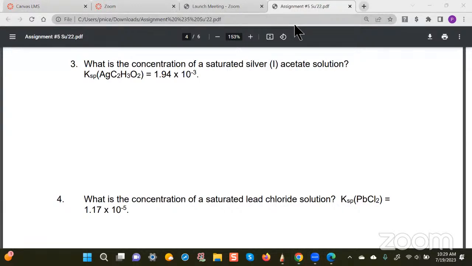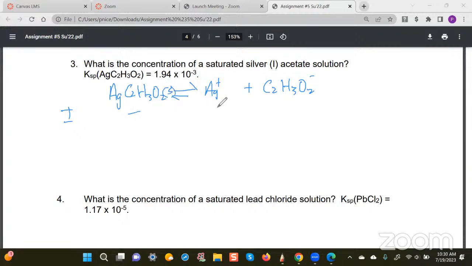All right, so let me start off by writing down the equation for the dissociation. That would be AgC2H3O2 dissociating to form Ag plus and C2H3O2 minus. Before I do the KSP, let me show the ICE table. Initially, we don't need to concern ourselves with the silver acetate because it's a solid.